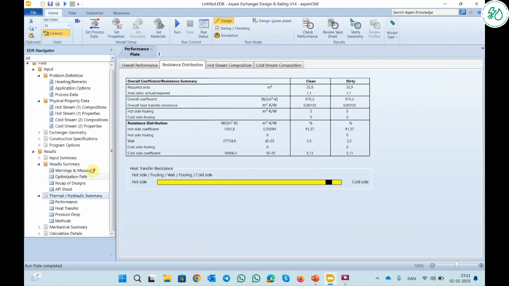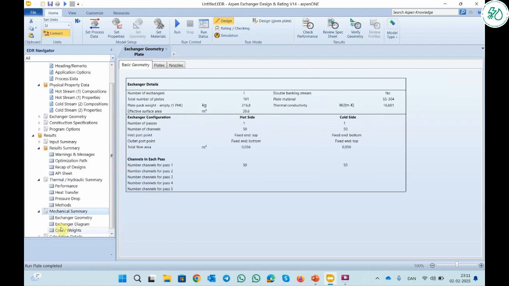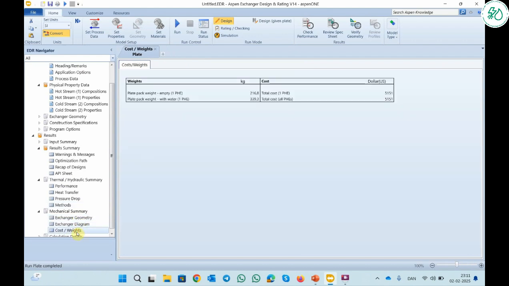Also, for this evaporator, we should see the results of the exchanger geometry, basic geometry, exchanger diagram, and also cost and weight for this system.